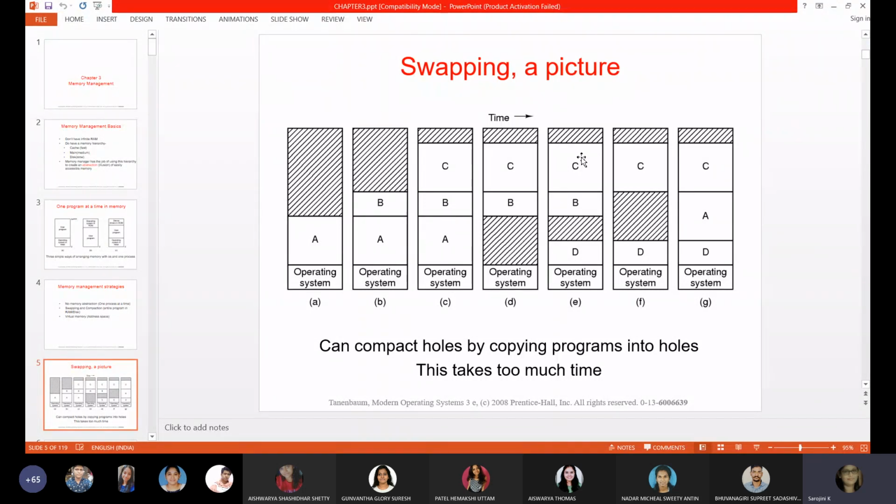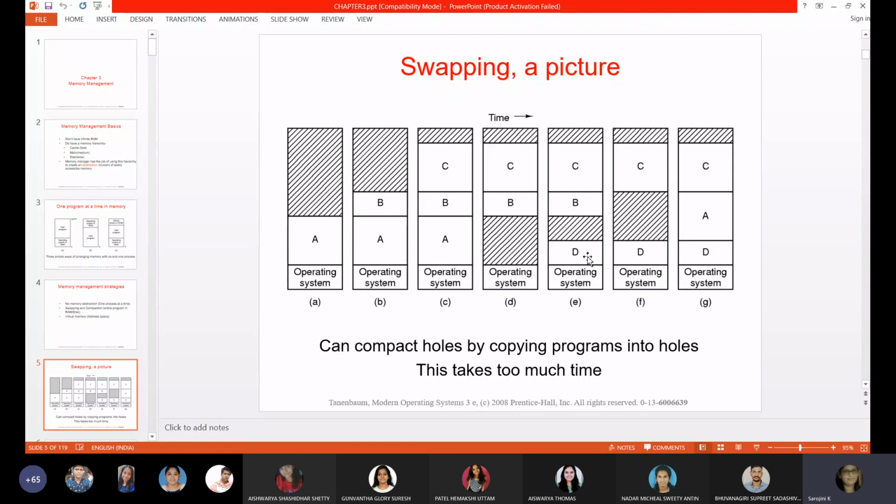When it is doing compaction, no execution can happen, because it is rearranging the processes. At that time the data in the memory cannot be used. So compaction will take more time and degrade the speed or performance of the processor, so it is not the suggested one.